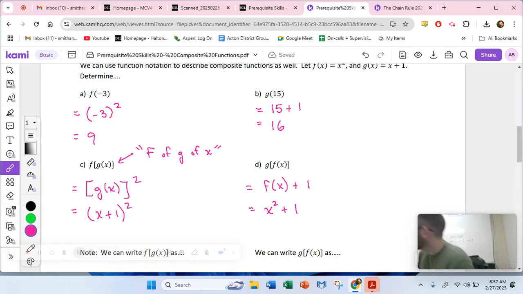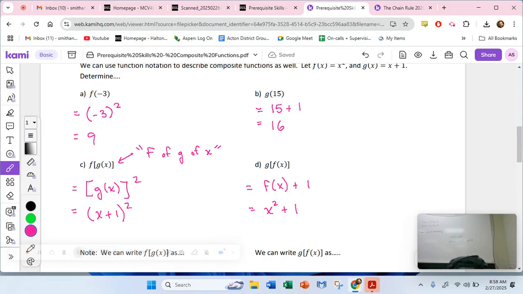Function of a function. If you guys, hopefully you guys recall, but when we set up the definition of the derivative, I can write today. You guys were essentially doing this when you did f of x plus h. You're plugging a function into another function.